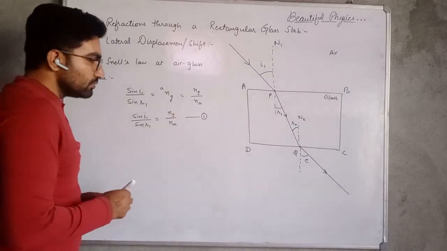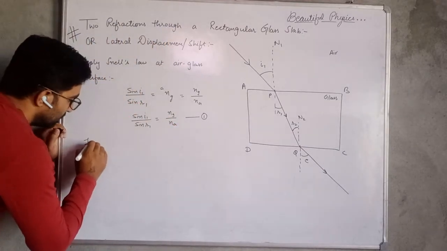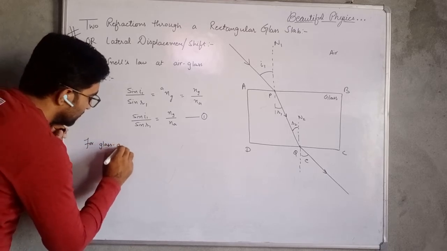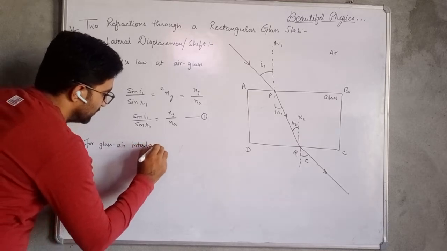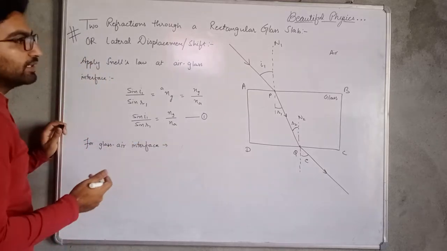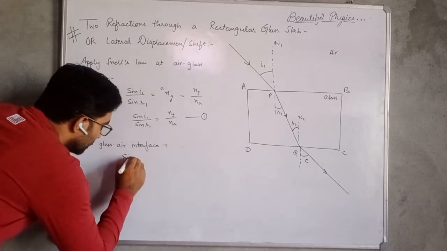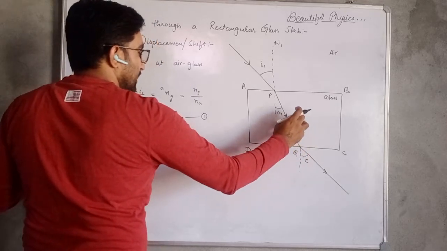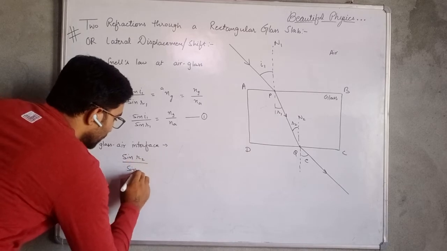Okay, so for the glass air interface, Snell's law hum log again apply karenge. To hamare paas kya rahega? Sine of the angle of incidence, here at point Q the angle of incidence is R2, by sine of the angle of refraction.